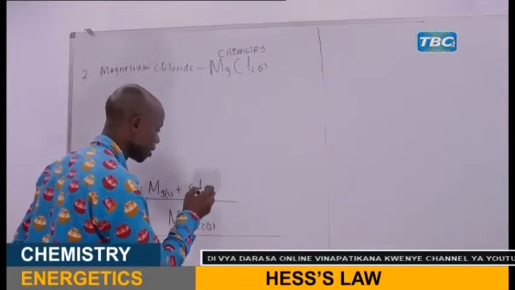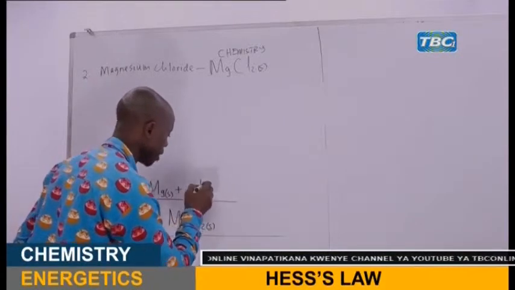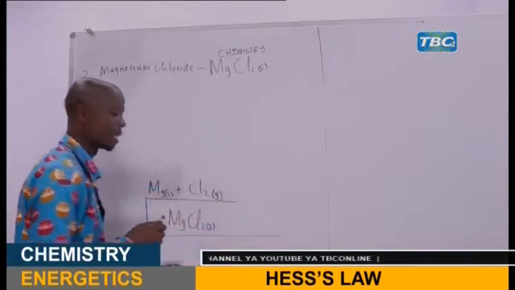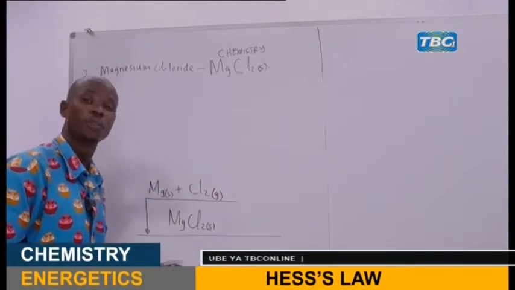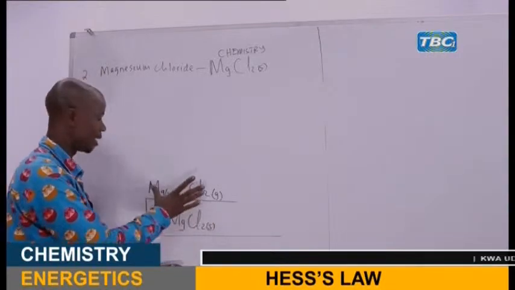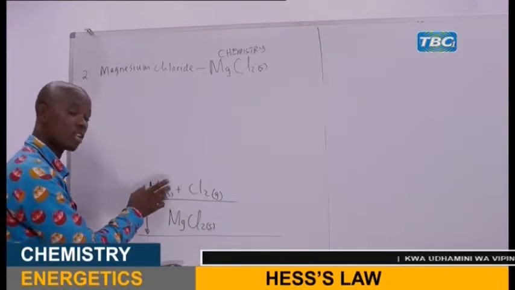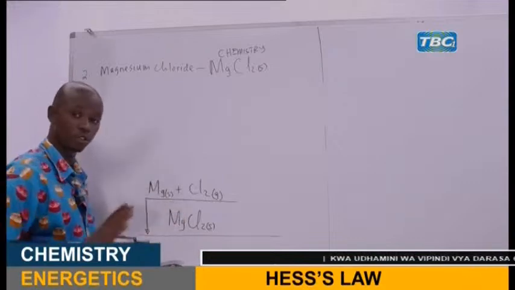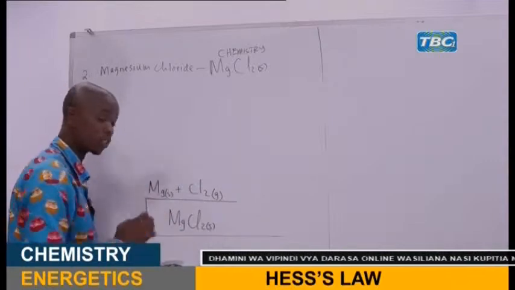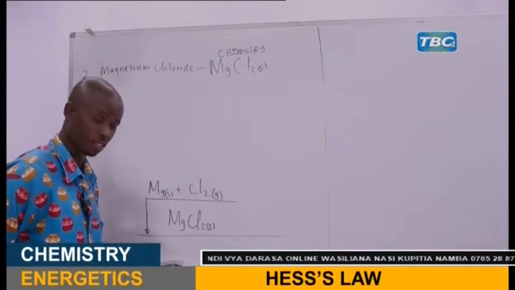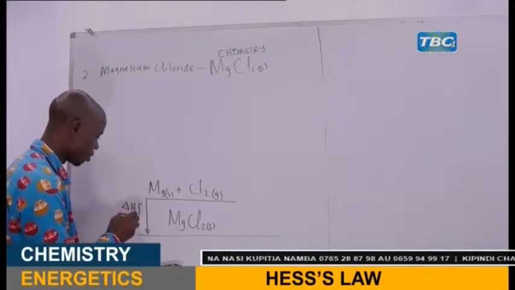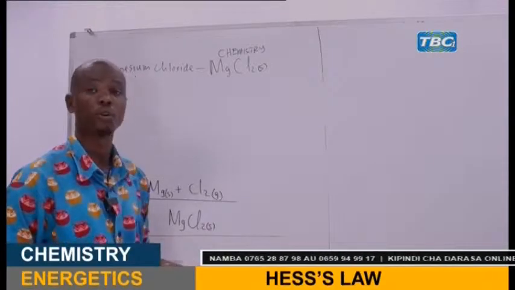The pure standard state of this element is a gas, the diatomic molecule. Now you balance the equation, because this is the product and this is the reactant. Magnesium is 1, magnesium is 1, so there is no problem. Chlorine, there are two atoms of chlorine, also balanced. So in summary, this is the enthalpy of formation of magnesium chloride.